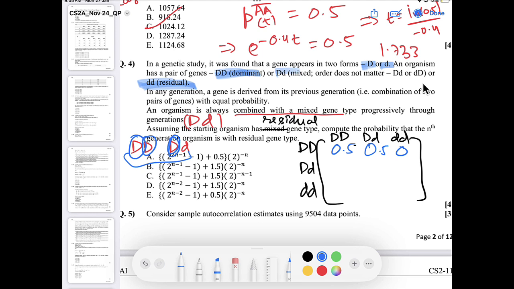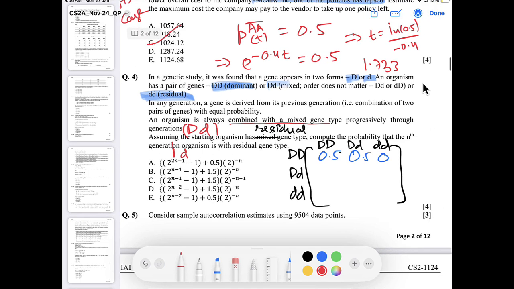Let me actually write this out for you. So you have capital D small d with capital D small d, right? So capital D will be 25%. Then you will have capital D small d, and small d small d, right?